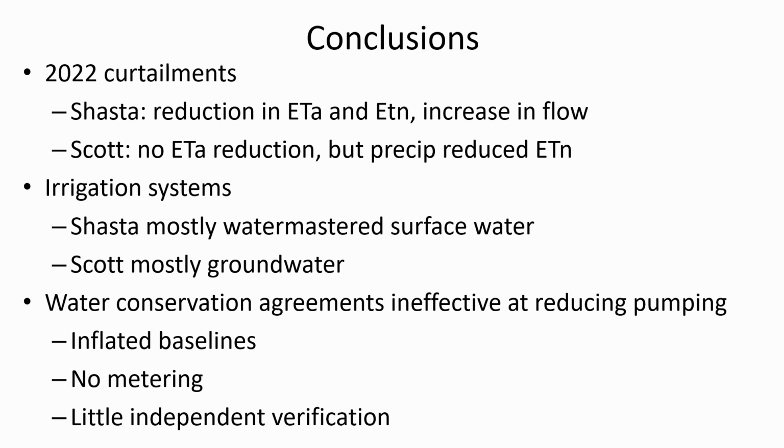We saw a little bit of reduction in the net ET because it rained more, so that reduced the irrigation demand a bit. But we didn't see any flow increases there, and I think that was due in good part to the lack of transparency, the lack of metering, and that incentive, as the program was basically set up to encourage people to say that they used a lot of water before and less water now. So, thank you.